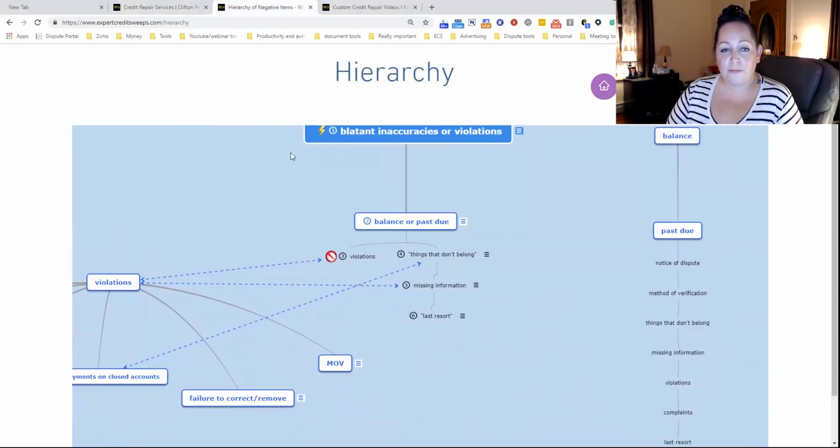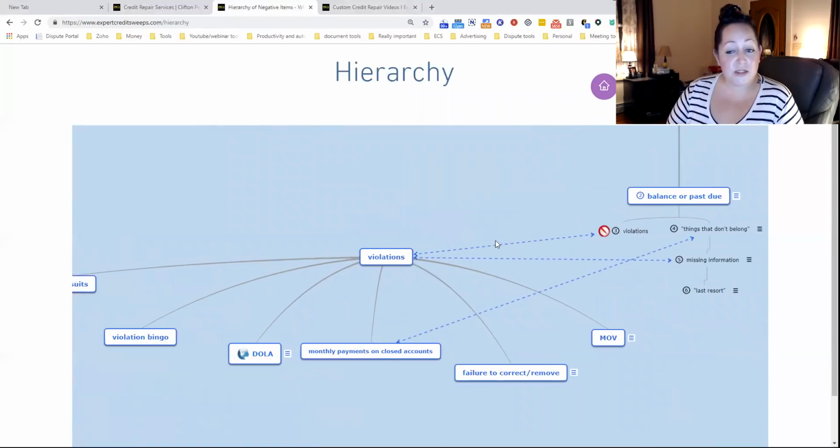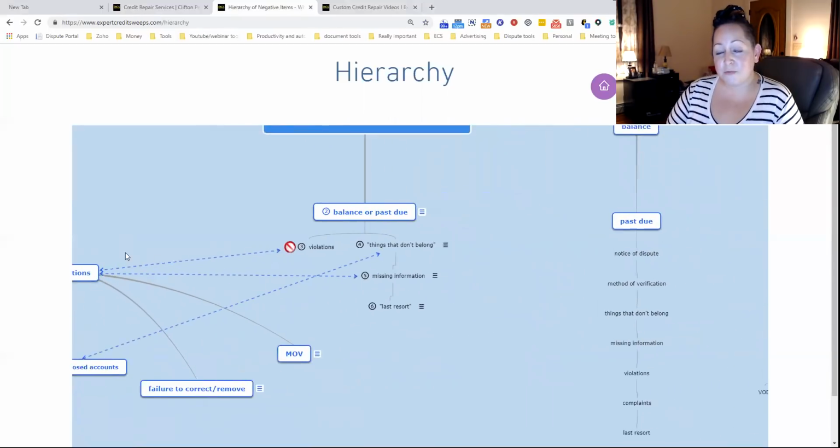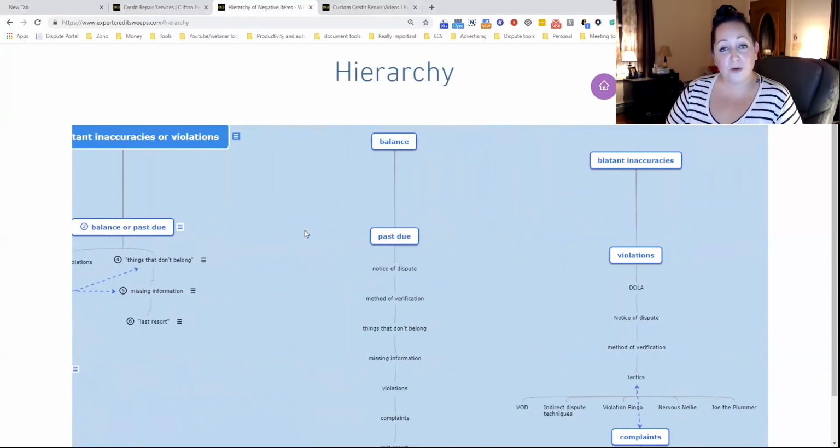examples, and there's a couple of them, and they're also numbered 1, 2, 3, 4, 5, 6, and this can be found on the website at expertcreditsweeps.com/hierarchy. We have the violations and then the relationships between them, as well as 2 other ways to dispute.